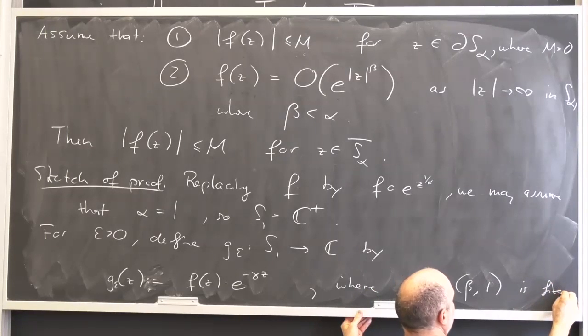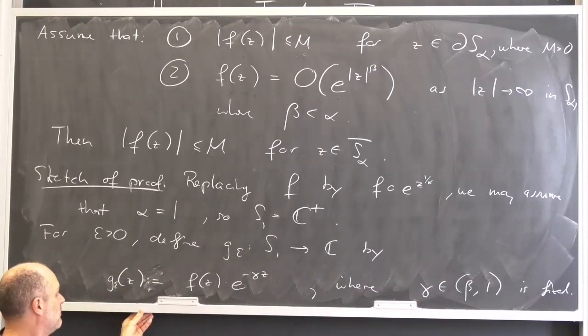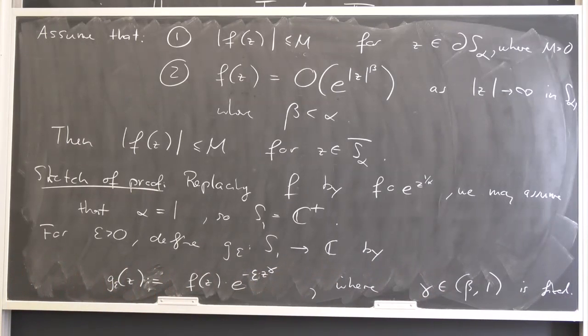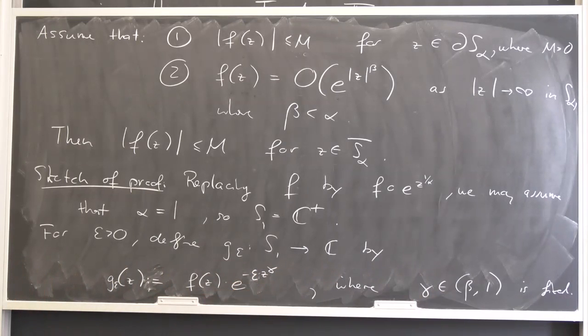And that's fixed. Z to the gamma, and epsilon is a parameter. That's the one I'm looking at.